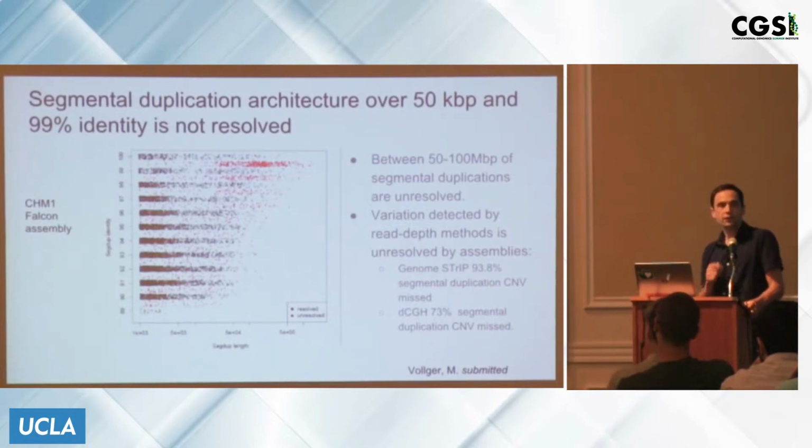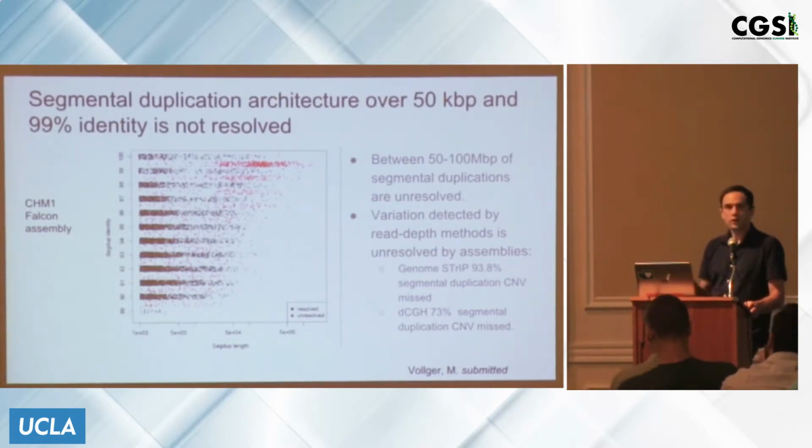So there is actually a fair amount of functional variation within this. Within the 1,000 Genomes project, we looked at calls made by read depth methods within regions of segmental duplication, and saw that almost all of the calls that read depth methods were able to find within segmental duplications were missed, or essentially uncovered, by de novo assemblies.